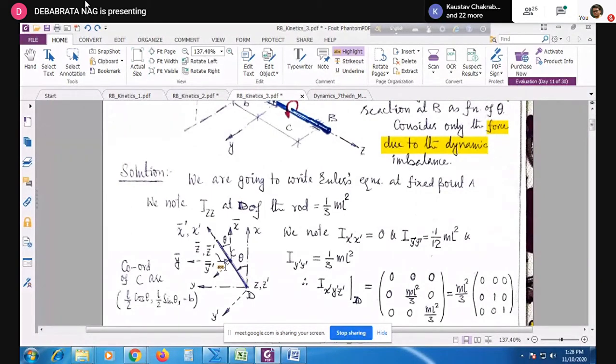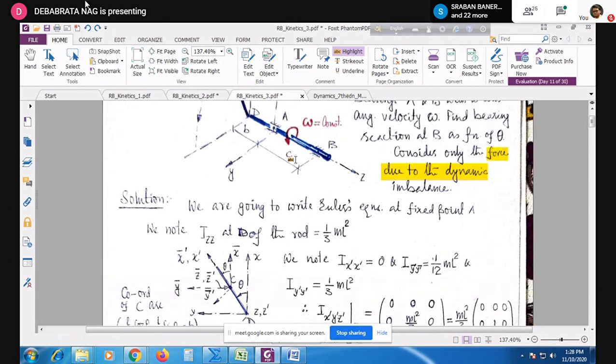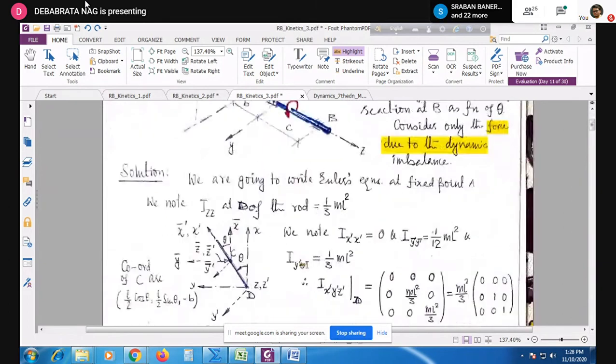Now with respect to this center of mass I choose the coordinate axes, say along the rod the x bar dash axis, along this we take the y dash bar axis, and perpendicular to the plane of the figure, as we are viewing along the z axis, we have z dash bar.